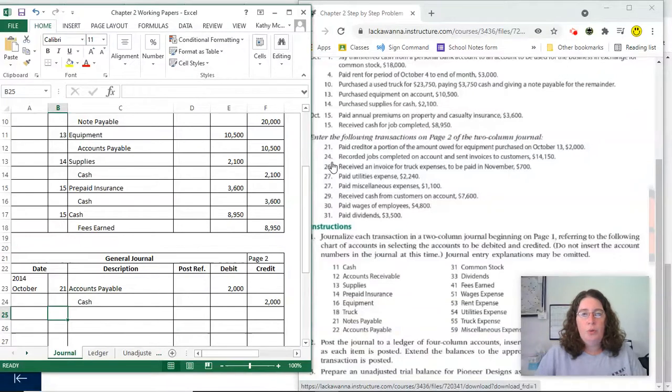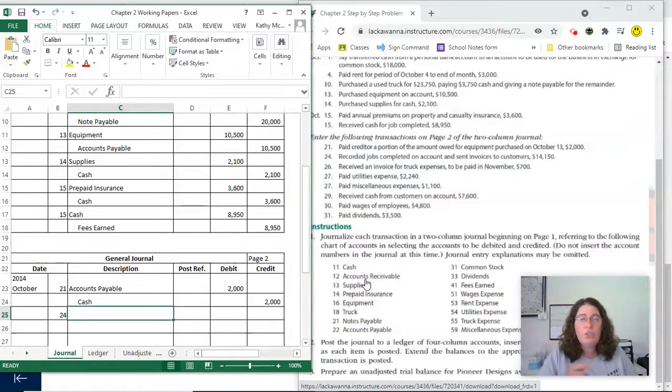On the 24th, we recorded jobs completed on account and sent invoices to customers. Now, in the previous transaction, we talked about accounts payable. And accounts payable is there to keep track of money that we owe others. We also have, under our assets, number 12, accounts receivable. And accounts receivable is there to keep track of money that people owe us.